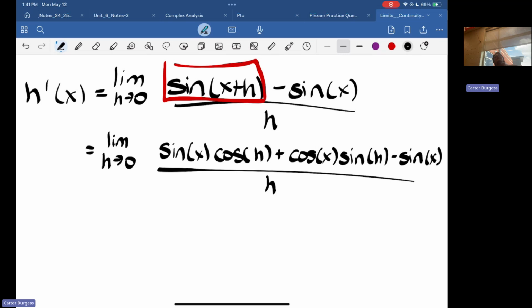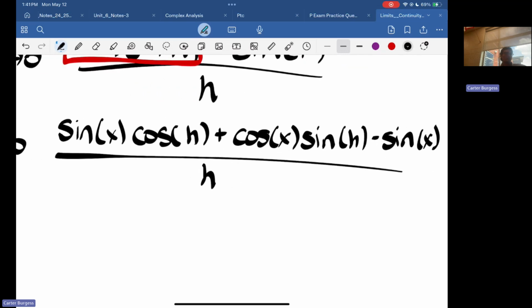Okay. What can we notice, kind of similar to what we were doing with the e to the x? What can we notice here that's showing up a couple of times? So we've got some h's, sure, but a specific term that's showing up multiple times. Because I only have one cosine of h. I only have one sine of h.